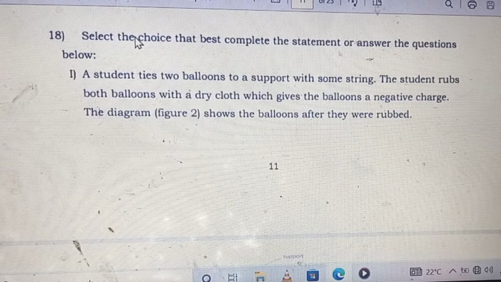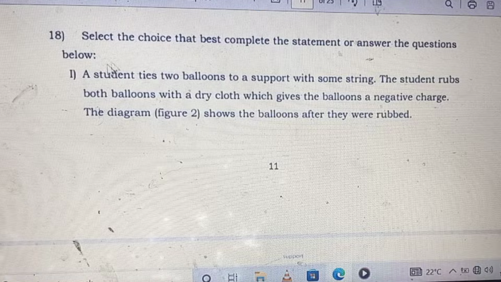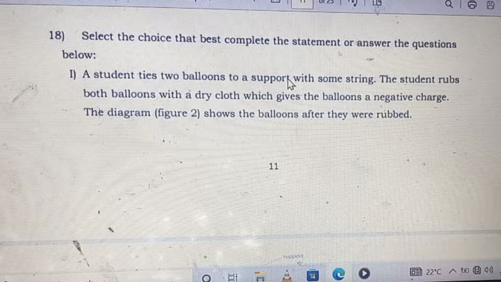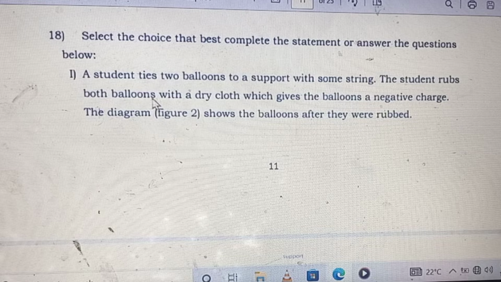Question 18. Select the choice that best completes the statement or answers the question below. I. A student ties two balloons to a support with some string. The student rubs both balloons with a dry cloth, which gives the balloons a negative charge.